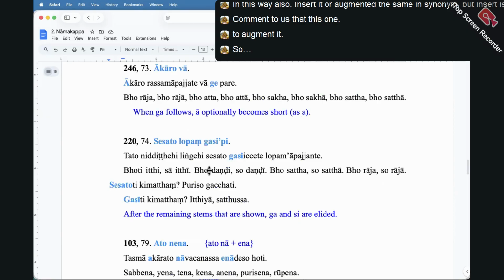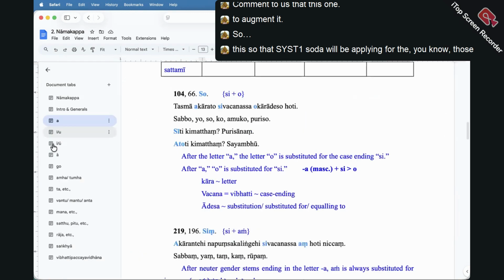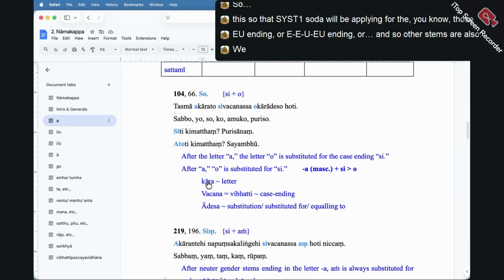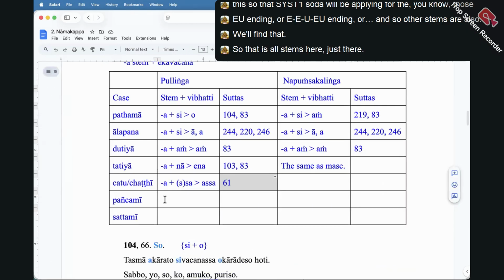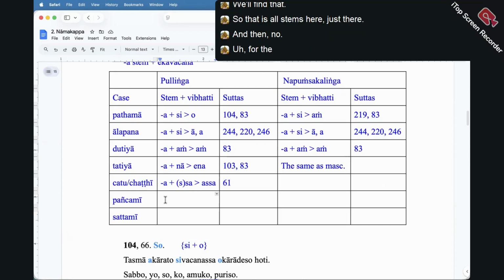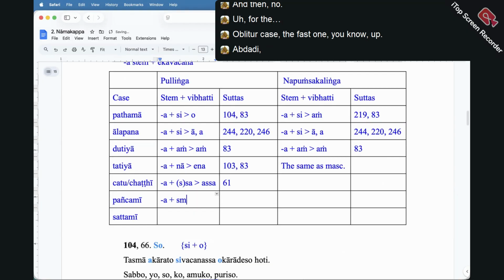So this sutta, 61 sutta, will be applying for those ending in E, U, and so other stems are also, we will find that. So that is all stems here. And then now, for the ablative case, the first one, after that the sama.